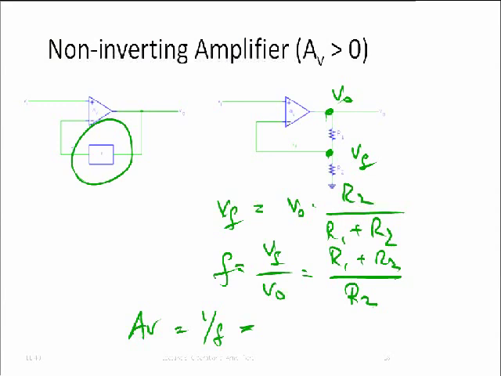That's the closed loop gain, right? That's V out over Vi, okay? That's 1 over F, and that apparently is equal to 1 plus R1 over R2, okay?